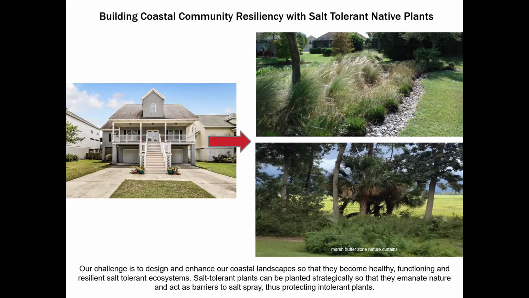And on the bottom part, it's more of an example of if you live right along the marsh, whereby you can plant a variety of native plant habitats to create what we call a marsh buffer zone nature curtain. That will ultimately provide that barrier to the salt spray in your further upland landscapes.